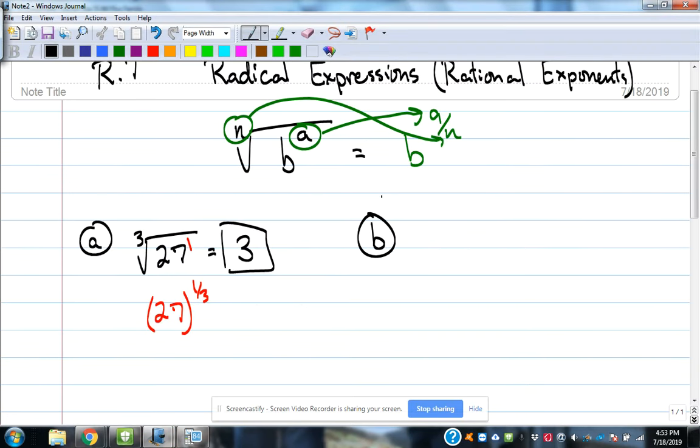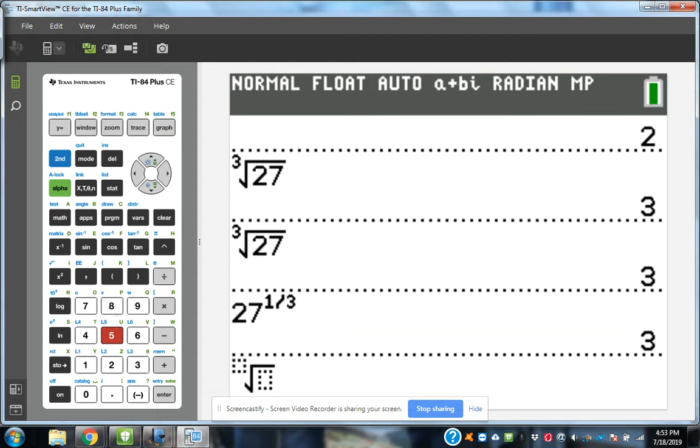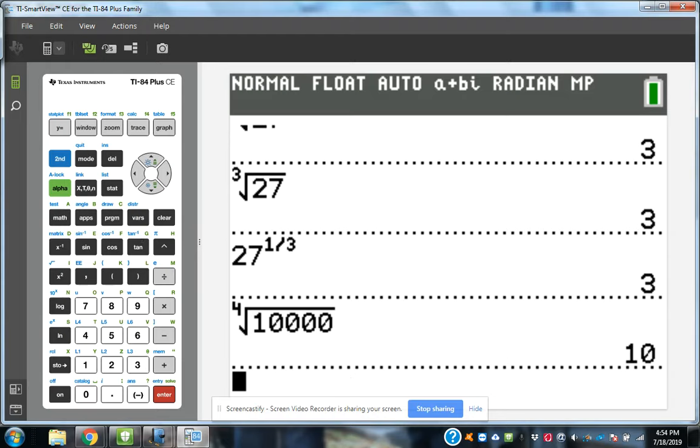Too many options could get a little tougher, but the 4th root of 10,000 is a good number. So 4th root of 10,000. Again, with the calculator, you could hit math and go down to option 5 and put a 4th root of 10,000, and it should give you 10.